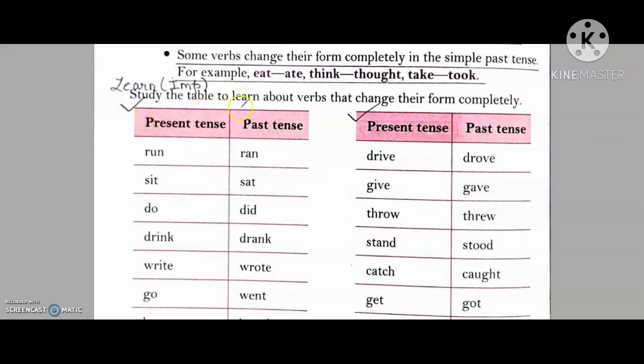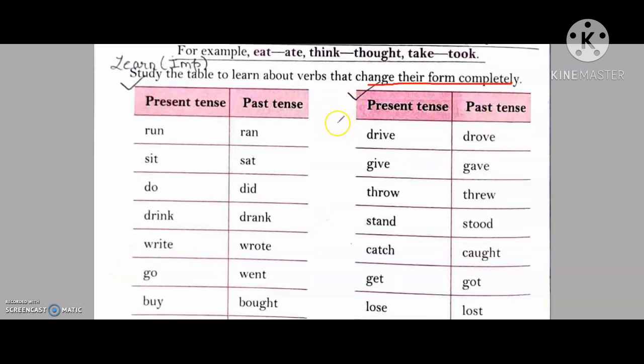Study the table to learn about verbs that change their form completely. I told you, children, these verbs are also known as irregular verbs that you will study in detail in your higher classes. Okay. So just for your knowledge, I am telling you that.